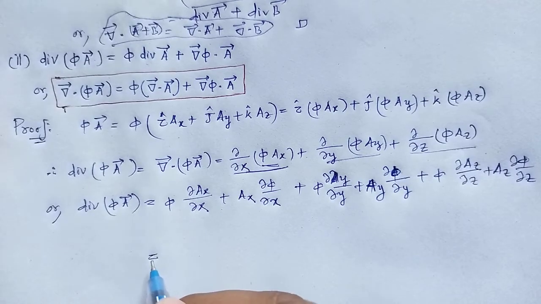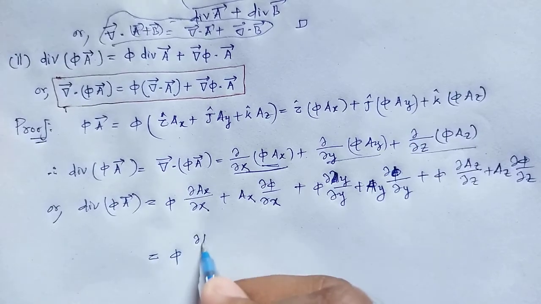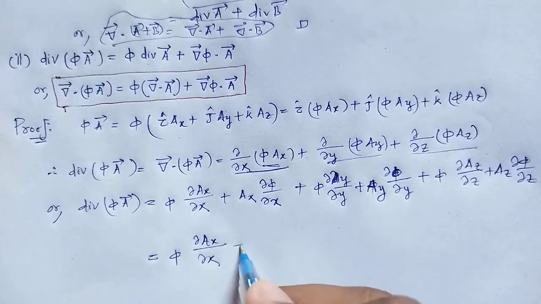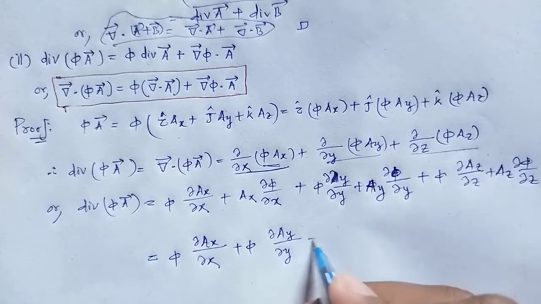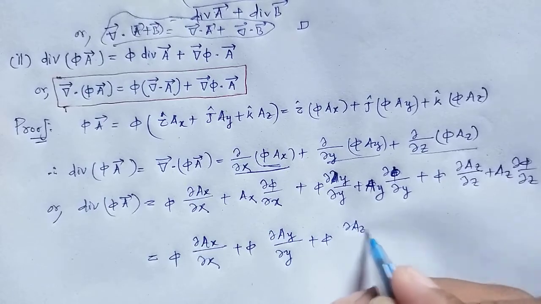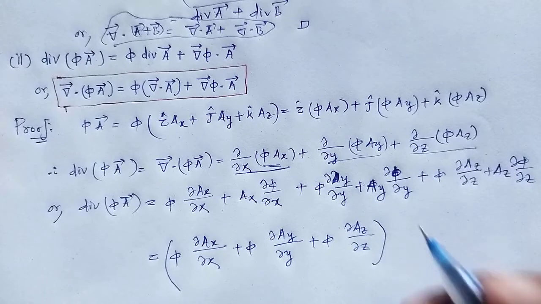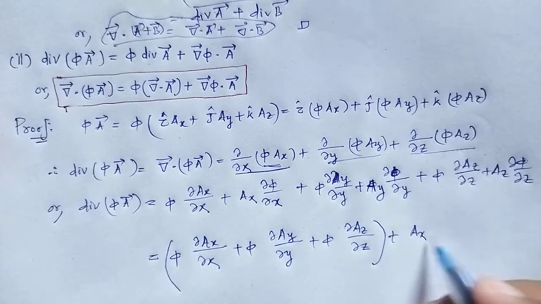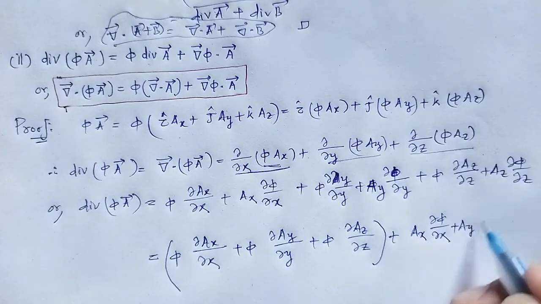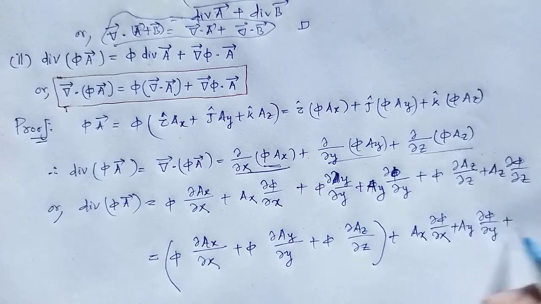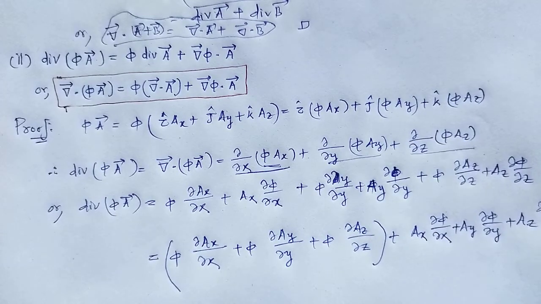Is equal to, we separate these terms like this: phi del ax by del x plus phi del ay by del y plus phi del az by del z, plus ax del phi by del x plus ay del phi by del y plus az del phi by del z.